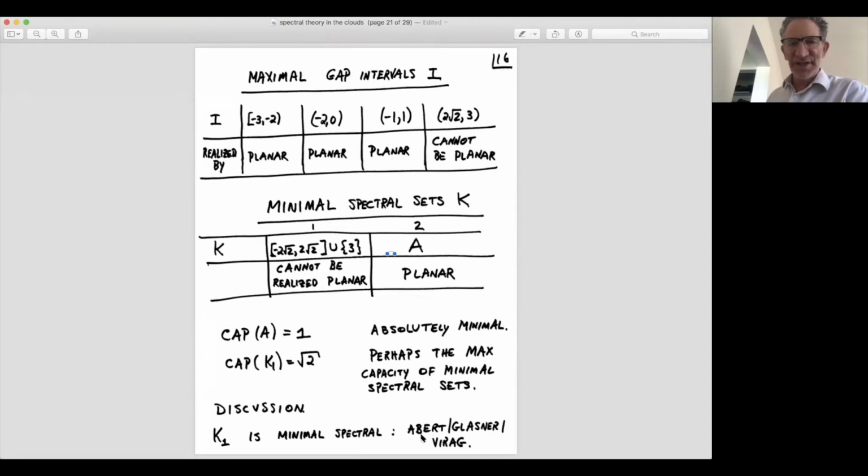Suppose I give you a sequence of Ramanujan graphs. So these are a sequence of 3 regular graphs whose spectrum is contained in this set here, K1, the first set, [-2√2, 2√2] union {3}. Then that sequence of graphs must Benjamini-Schramm converge to the 3 regular tree.